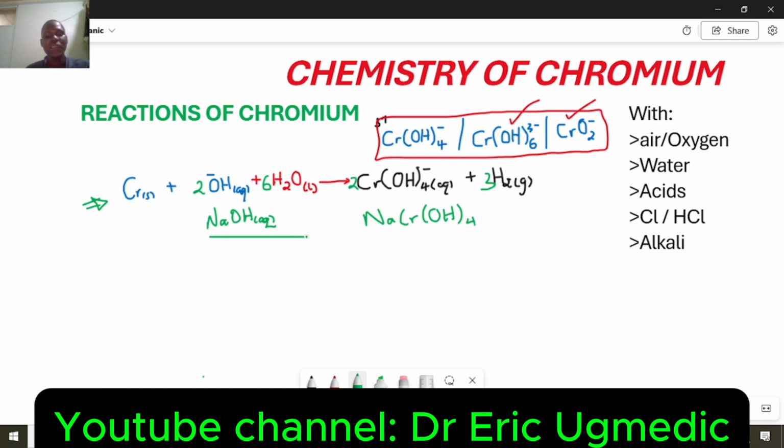If I wanted to use this other equation which includes the sodium, I would say that sodium reacts with aqueous sodium hydroxide solution to form sodium chromite and hydrogen gas. That's how I would state my description before writing the equation. The other thing you need to take note of is that this reaction is actually slow, so you also need to incorporate that in your description, that chromium reacts slowly with the aqueous sodium hydroxide. And that's it with the alkali.